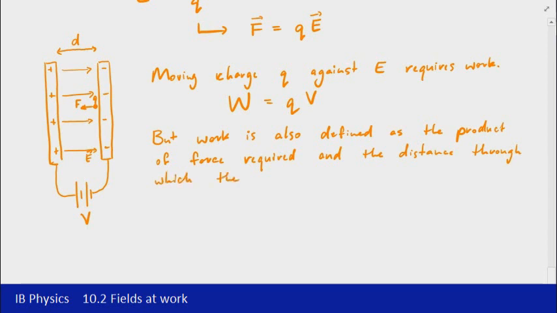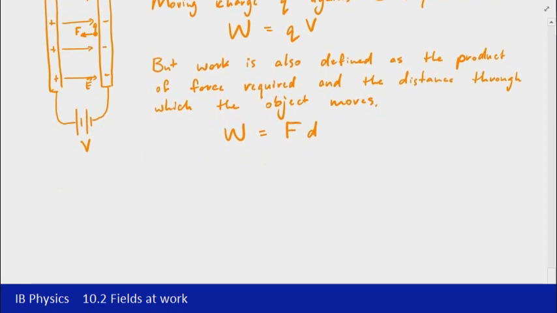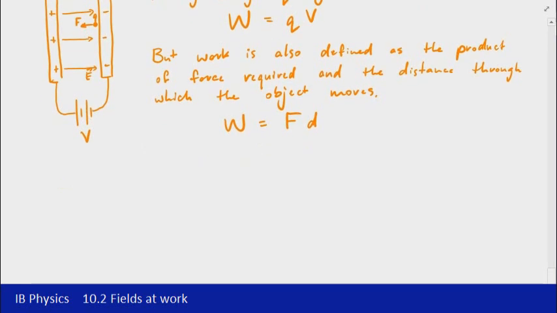Now we'll see that in a bit more detail in the Unit 2 mechanics, but just to tie it in here very briefly. So the expression that we would use there is that work is equal to force times distance. I'm using the distance as a d here. You might see it as an s in other sources, but we'll use d to tie into this diagram that we're dealing with.